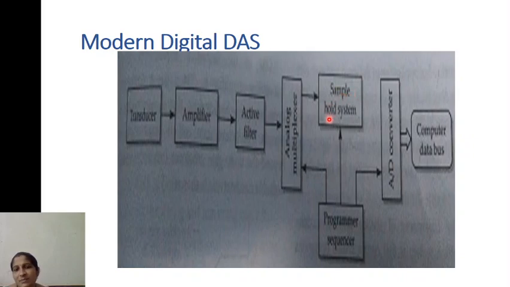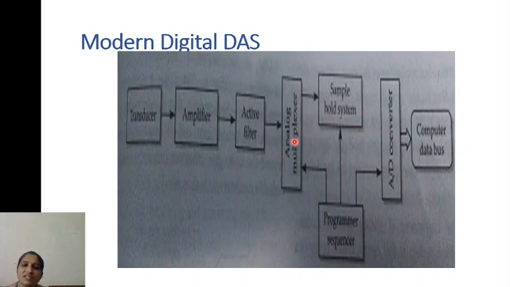So what does the sample and hold system do? It will hold the data until the previous data has been sampled, and it will provide it to the A to D converter, so that the analog data is converted into digital data and the digital data is given to the computer bus.